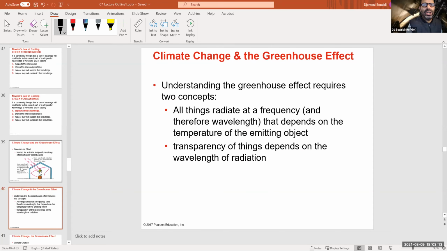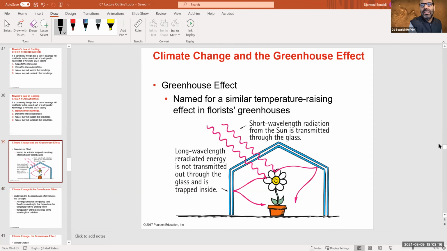So the greenhouse effect in a nutshell is the process that involves 3 stages, basically. Radiation goes through because it's short wavelength, and in this case, the material itself is transparent. It's absorbed by whatever is inside, the soil, the plants, the pot in this case, everything.